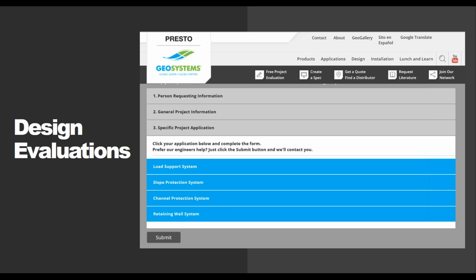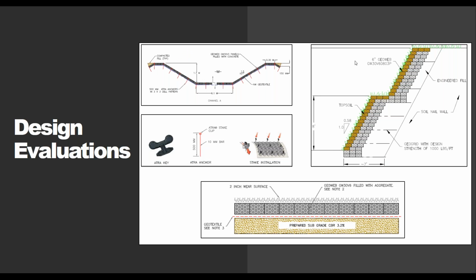And then it gets sent to myself and the rest of the engineering team here at Presto. And then we provide our complete design recommendation. So it's going to be any anchorage requirements if you need them, geotextile recommendations, help you determine what size and what depth of the GeoWeb system is needed. So small, medium, and large, and how deep that depth is. And so we are happy to do any number of iterations of these recommendations to get you the best design for your site.